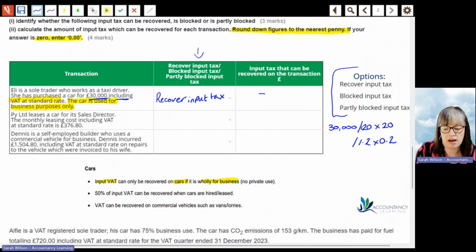And when you've done that, it comes out at 5,000. And remember, we need to put it to the 2 decimal places because we're rounding to the nearest penny.